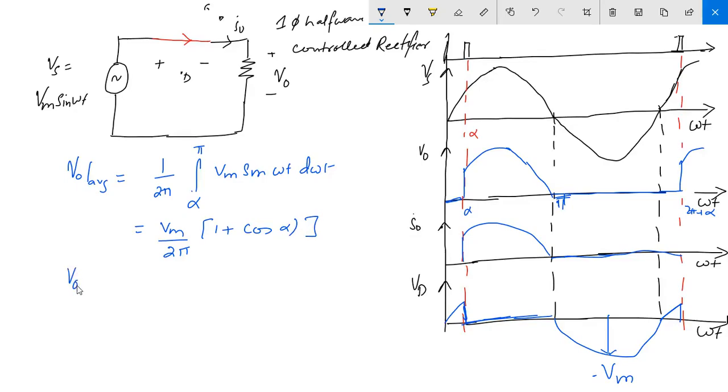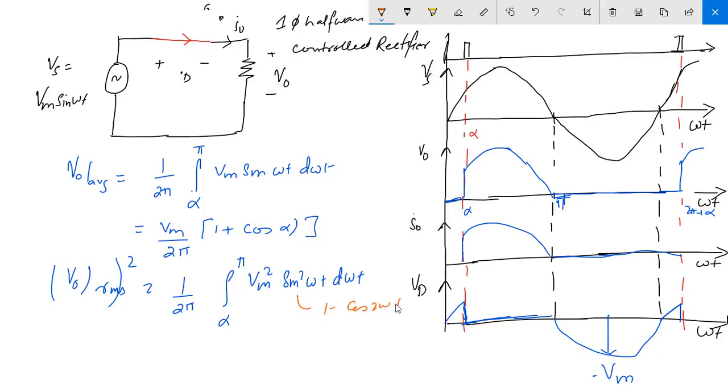What about your RMS value? If you calculate the RMS, simply square it up: 1 upon 2 pi integration from alpha to pi of Vm square sin square omega t. For that you can replace sin square omega t with (1 minus cos 2 omega t) by 2.